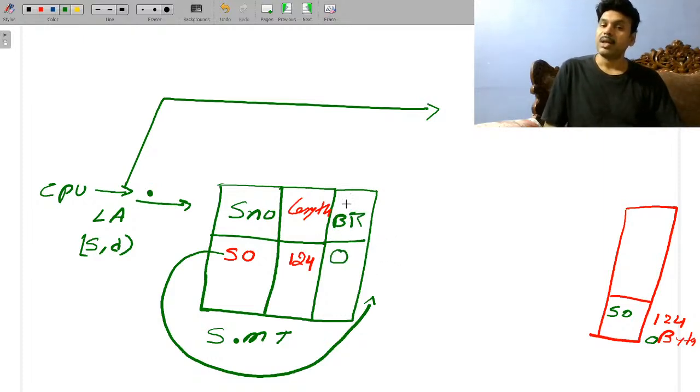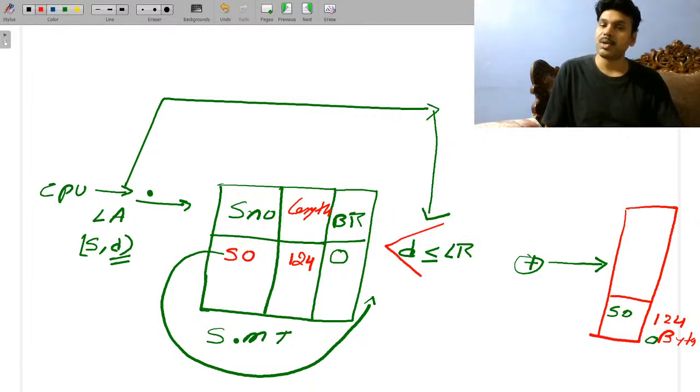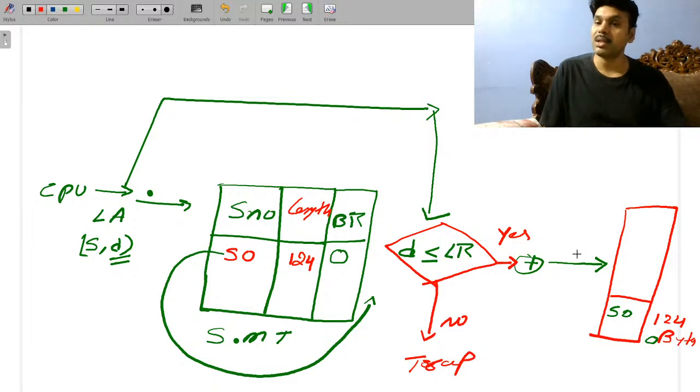Therefore, before mapping the logical address to the physical address, it is going to cross check that your requested size must be less than or equal to your limit register. If it is less, you can access the memory by using the base register. If it is not less, then it's false. Is it yes or no? If it is no, we are accessing somebody else's memory, some other segment.